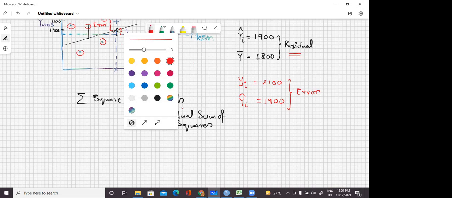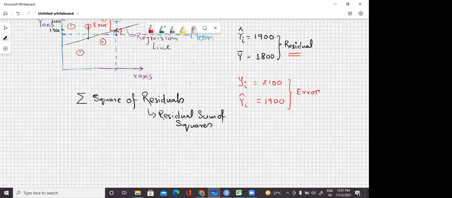For each actual data point, we will first calculate the error, then the square of those errors, then the sum of those squares. So that is called error sum of squares.